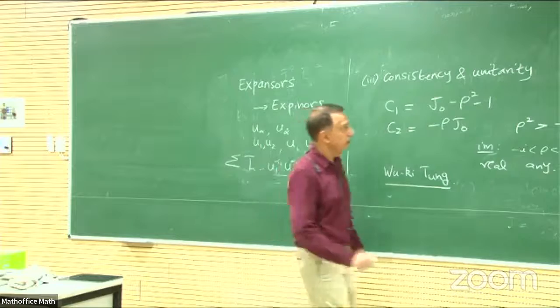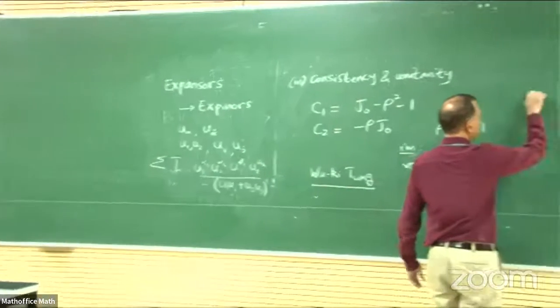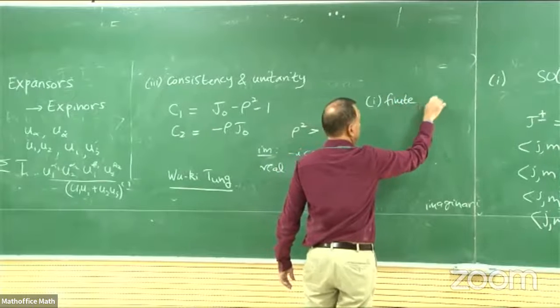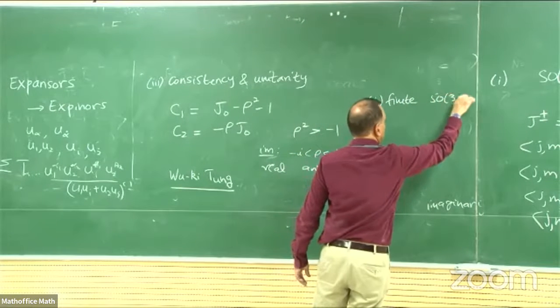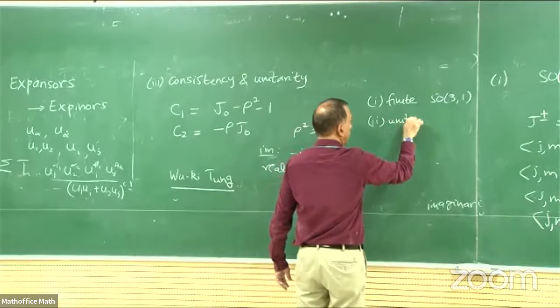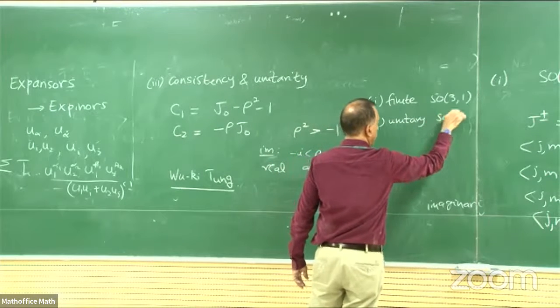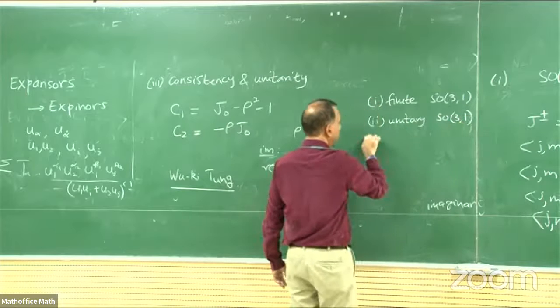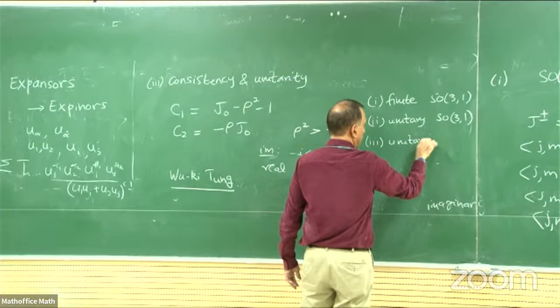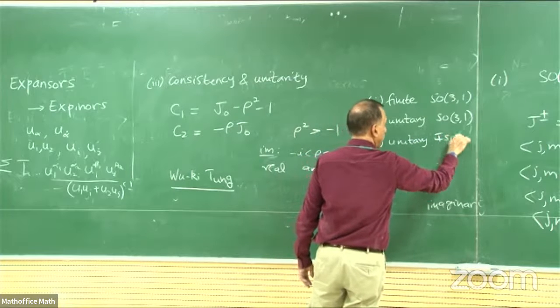So there are three things of interest. One is finite dimensional, non-unitary, and SO31. The other is unitary, infinite, also SO31. And the third case of interest is unitary, also infinite, but of ISO31.